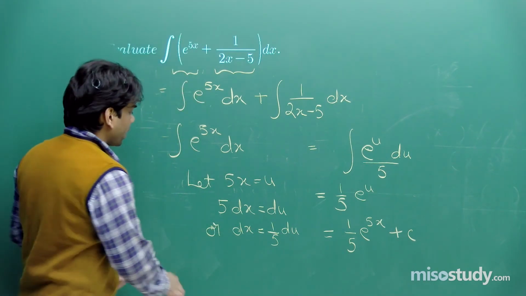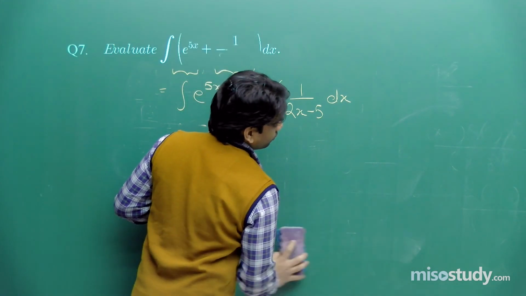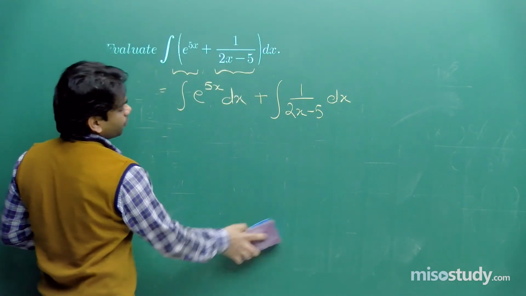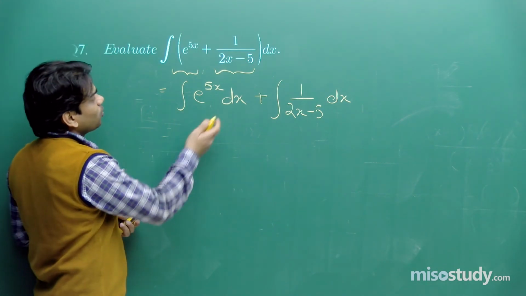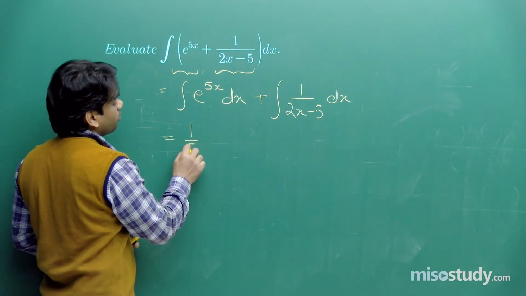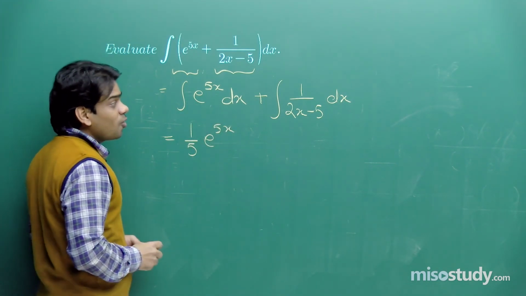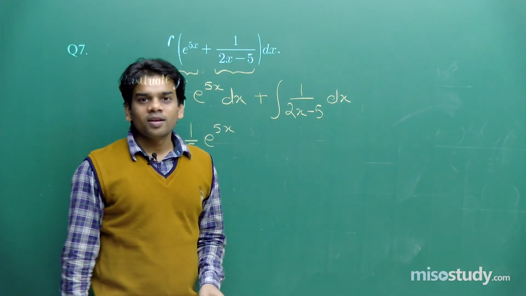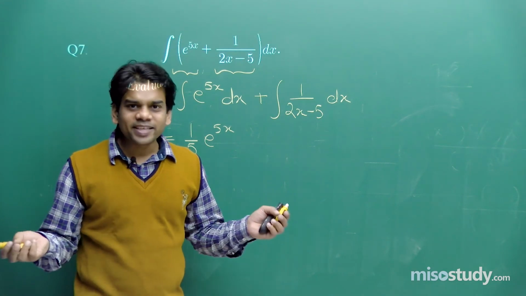So let's go ahead with the solution of the entire problem. Now here we have e to the power 5x dx. This we got, this is 1 by 5 e to the power 5x. Now what about this? You must know that the integration of 1 upon x is ln x.